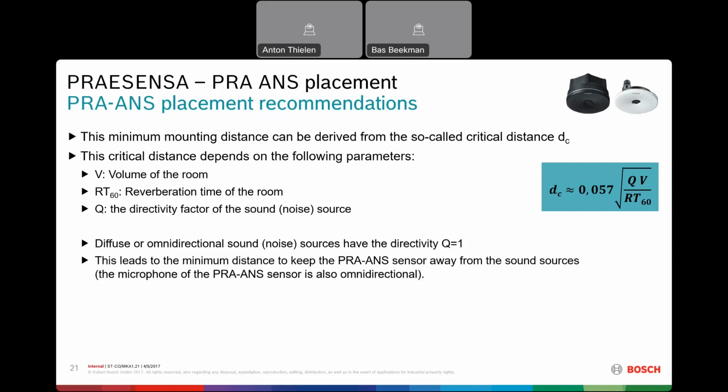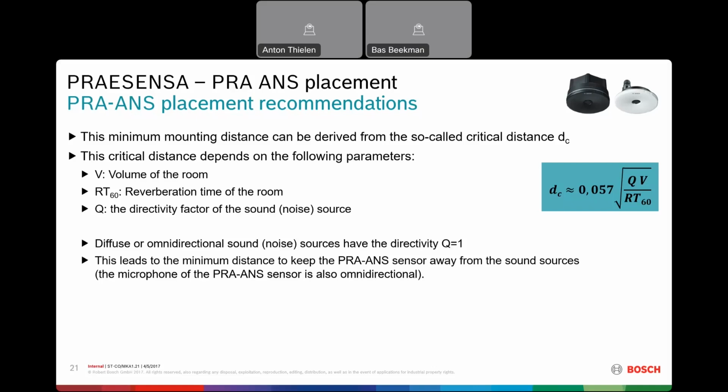So, diffuse or omnidirectional sound sources have a directivity of Q1. That means that if your sound is going in all directions, then the factor is just 1. And this leads to a minimum distance to keep the noise sensor away from these sound sources.